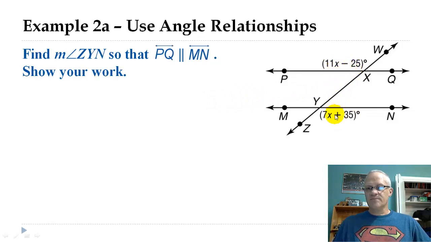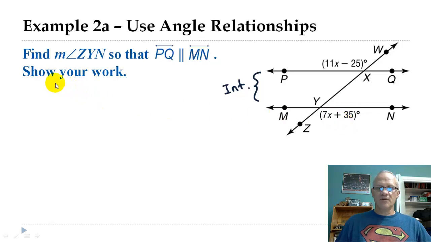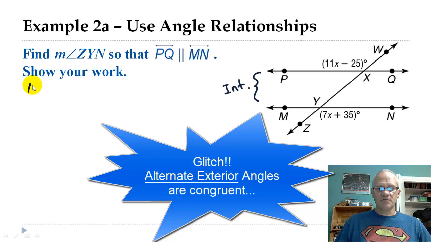Is there some relationship between these two? Well, they're alternate exterior angles, right? Remember, interior is between the two lines, and so these are both exterior, and they're on the opposite side of the transversal. So we know that alternate exterior angles are congruent to each other.